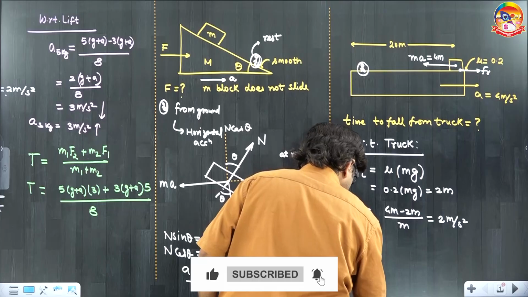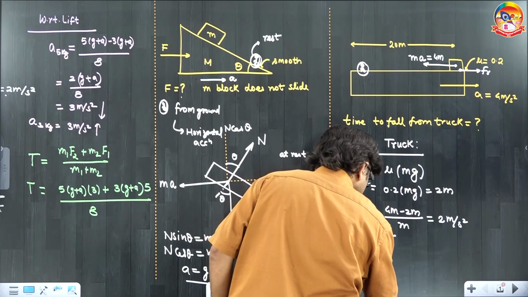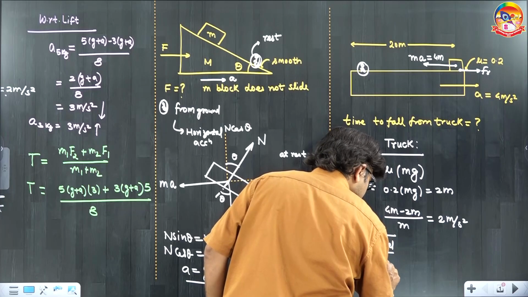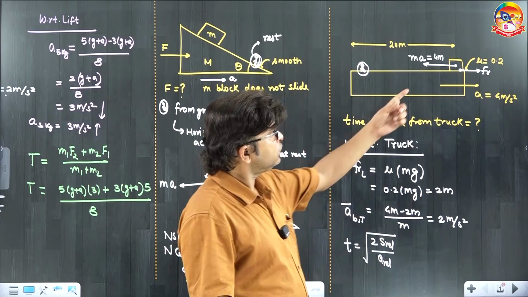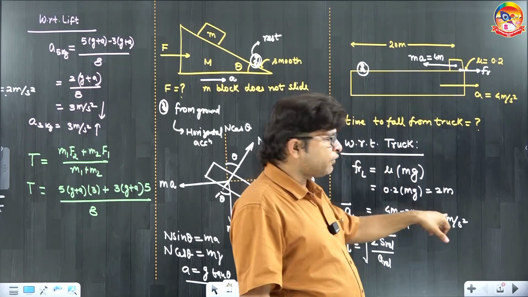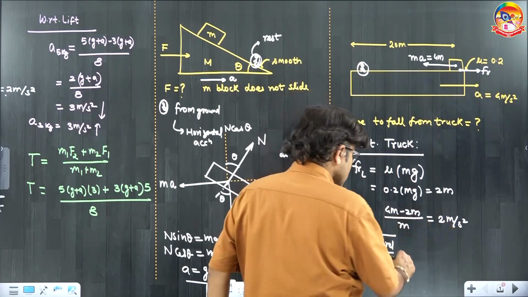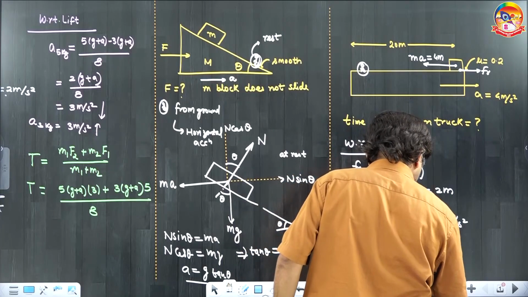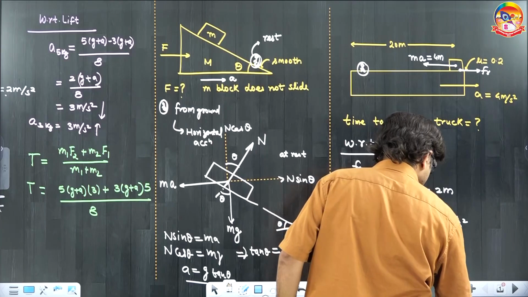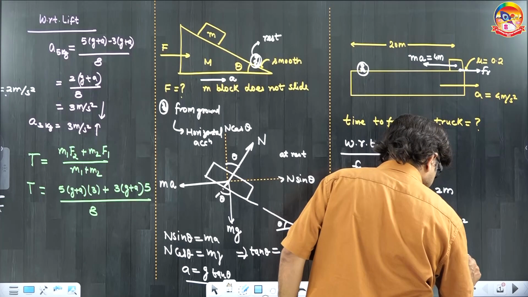The time is equal to root over 2 into s relative in the frame divided by a relative in the frame. So what is the relative distance it has to travel? 20 meter. What is the relative acceleration it has in the frame? 2. So how much will it be? Root over 2 into 20 divided by 2, that is root 20 seconds.